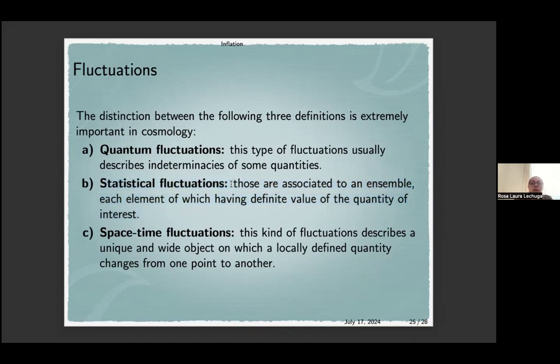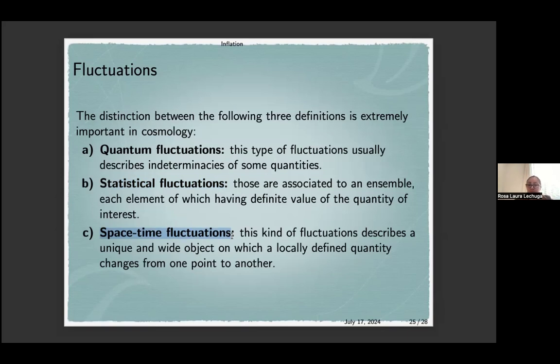So when we have in mind the temperature, for example, but over a big collection of objects, it's important to realize that we are talking about the statistical fluctuations, and it's completely different from the space-time fluctuations, because in the case of space-time fluctuations, we only refer to how a measure or a quantity changes from one point to the other.